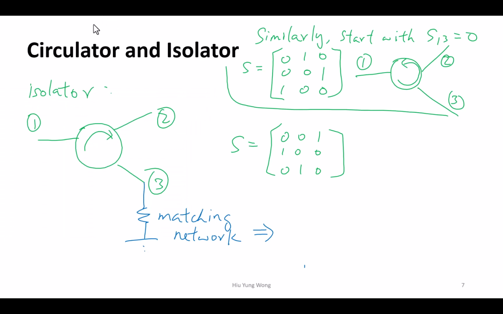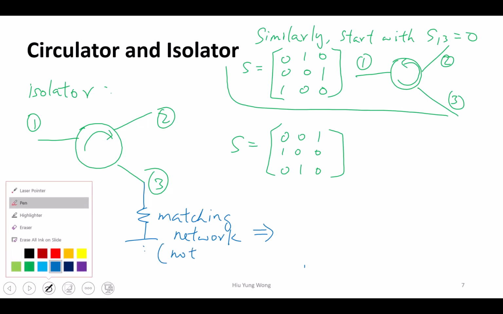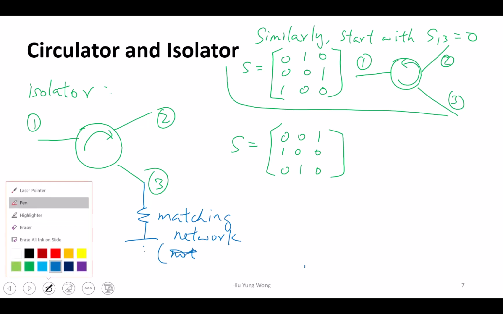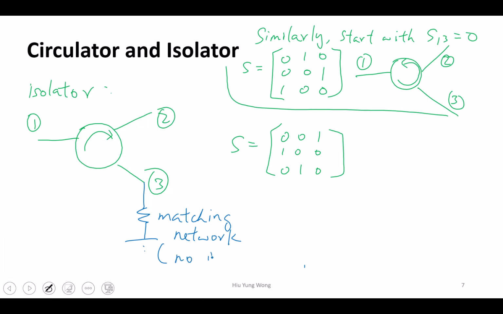What I'm trying to say is that I don't inject anything into here, right? So it is still matched. It is matched because we have been matching it already. So this is a little bit confusing. But what I'm trying to say is that here is no input.